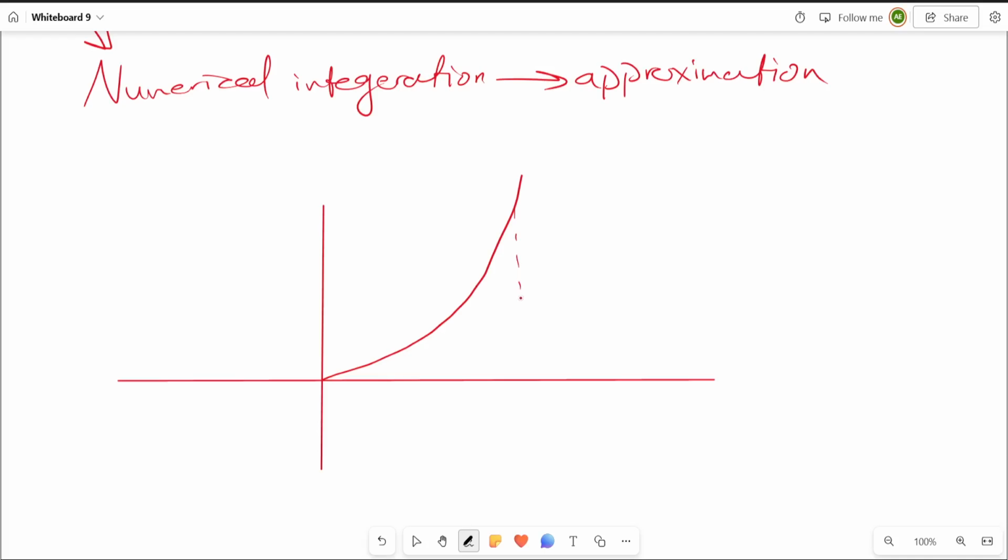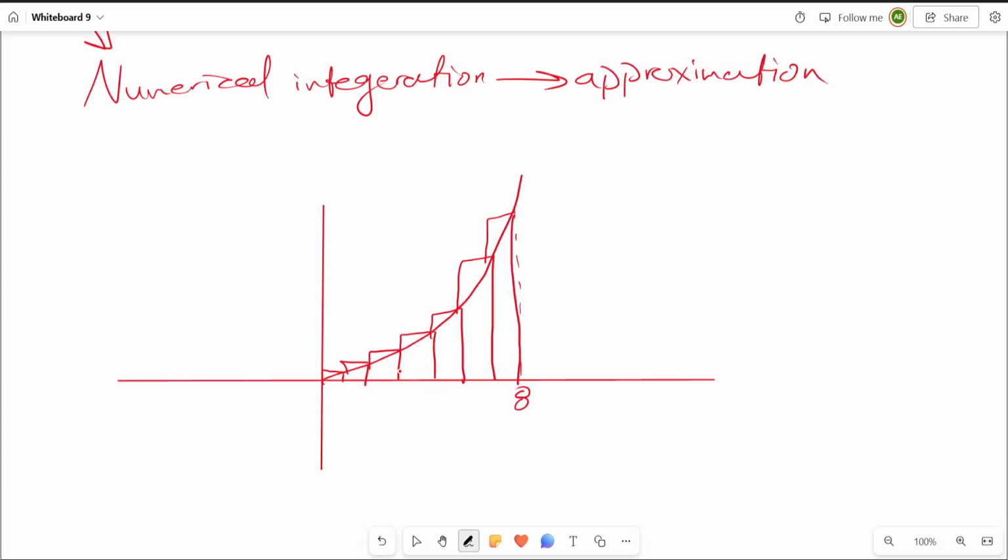So the idea of numerical integration is I will divide this whole area into smaller rectangles. Okay, so let's say this rectangle over here, this rectangle over here, and then another rectangle, another one, and so on until we have an approximation for our area.